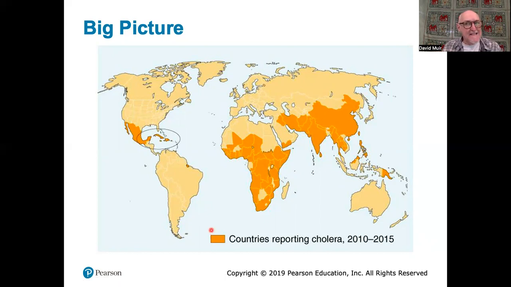But it is a very distinctive disease. And when people start feeling ill, they very quickly go to the doctor. It is treatable with supportive therapy by intravenous fluid replacement, for example, but also with antibiotics.